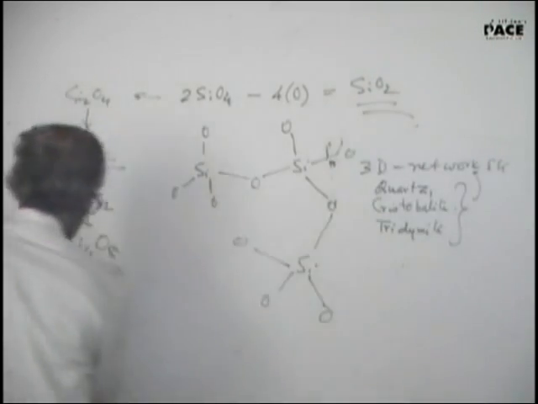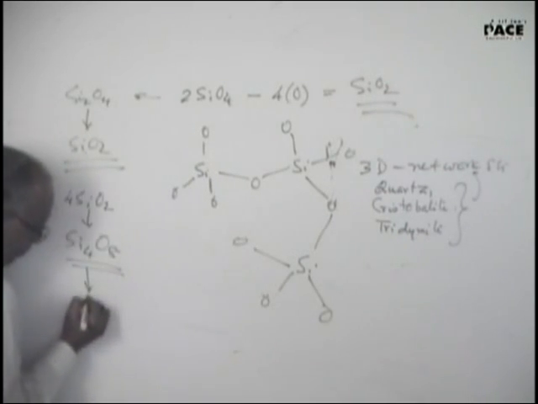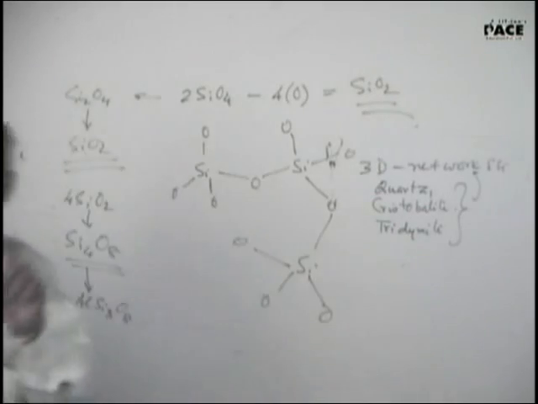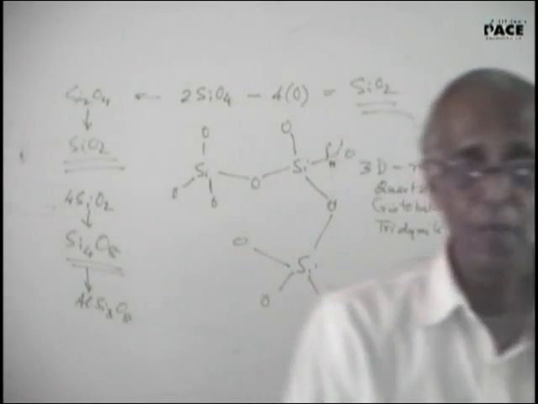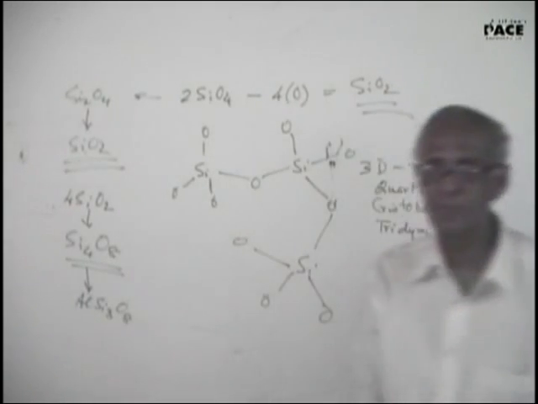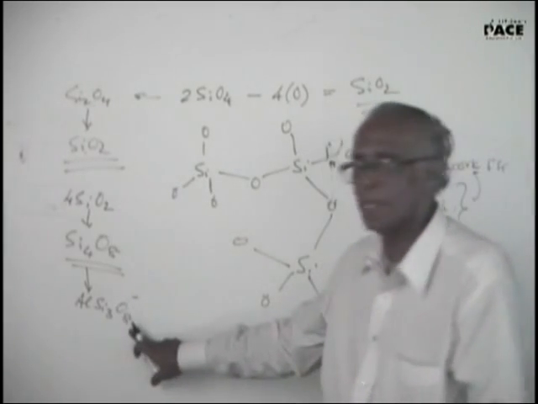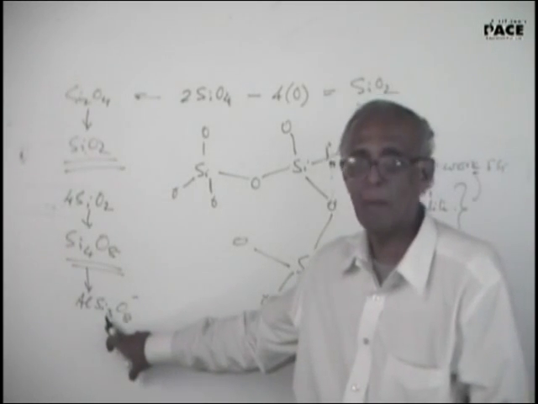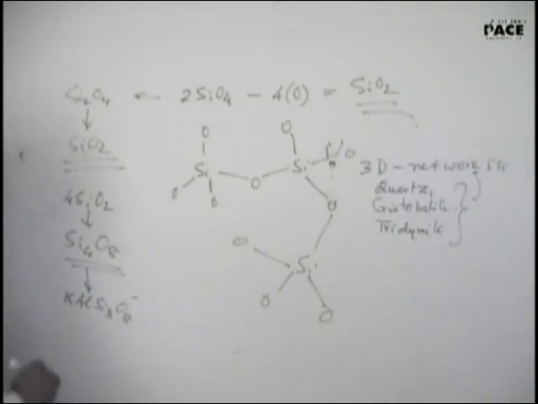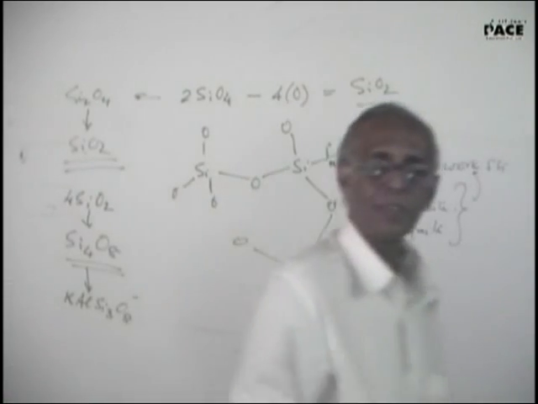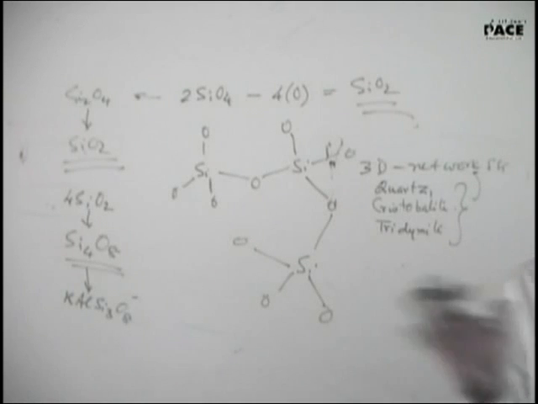And if I replace one of the silicon by aluminium, what will be the charge? 1 out of 4 silicon is replaced by aluminium. Then what will be the charge on this? 8 2s are minus 16, 4 3s are 12 plus 3. So you need a monopositive cation to neutralize the charge.